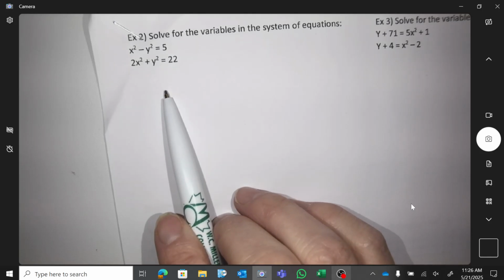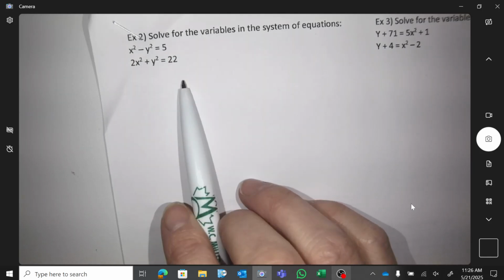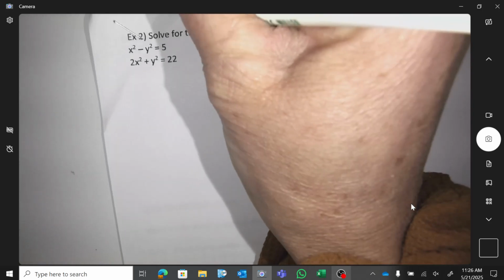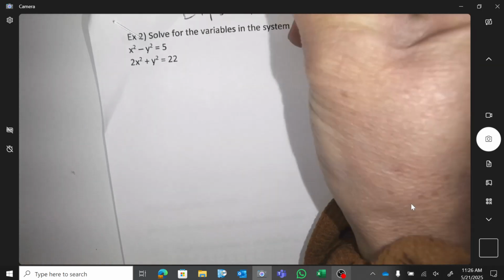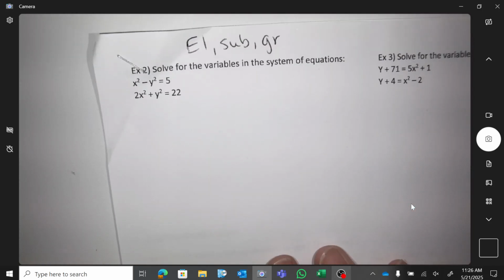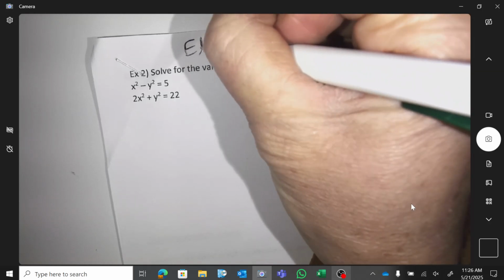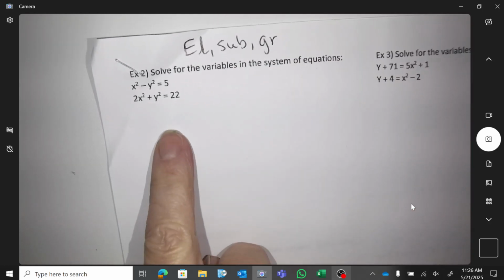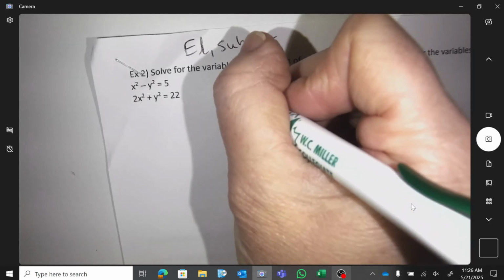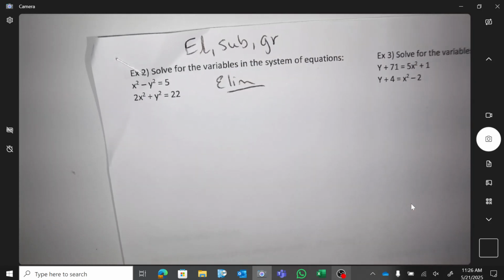I'm going to give you 3 options: eliminate, substitute, or graph. What would be your number 1 choice by just looking? I'm picking eliminating. That would be the best. FYI, you don't even know how to graph these things, so that's not even an option.